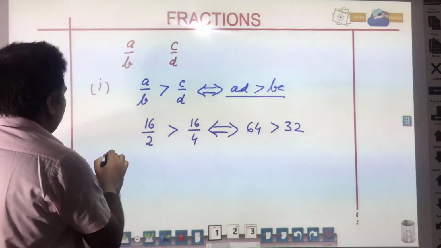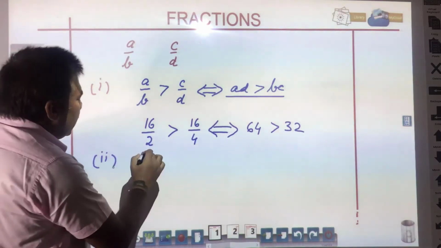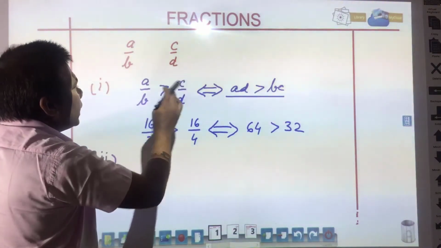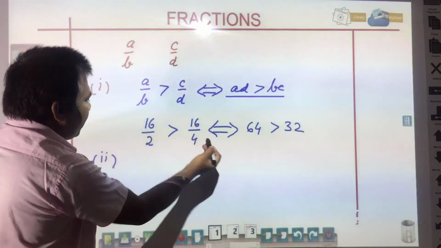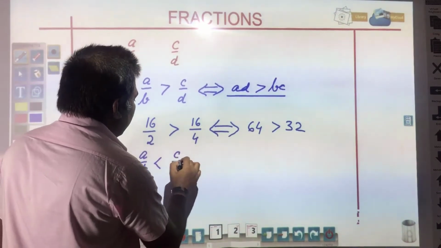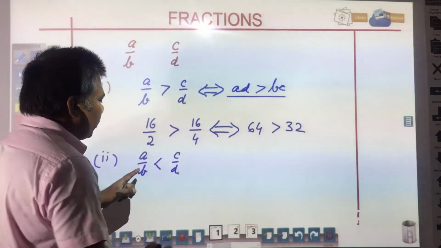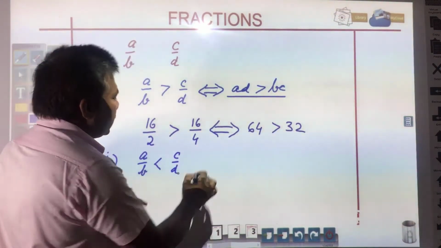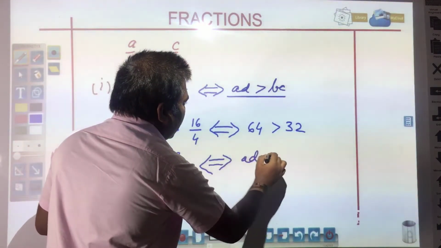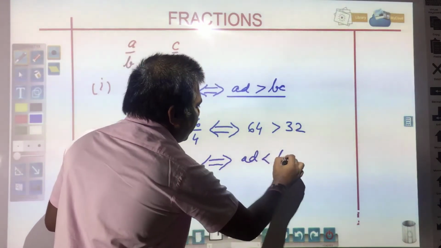Second example: suppose with the same fractions, A by B is lesser than C by D. In this case what will happen? Again the same thing, this will imply AD will be lesser than BC.